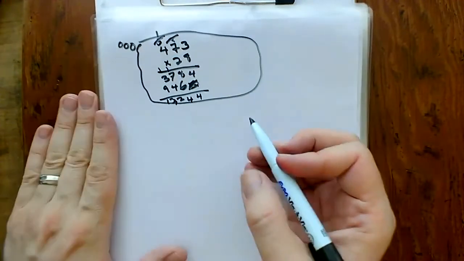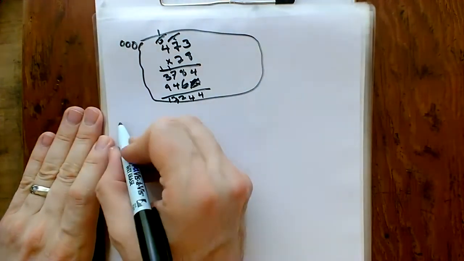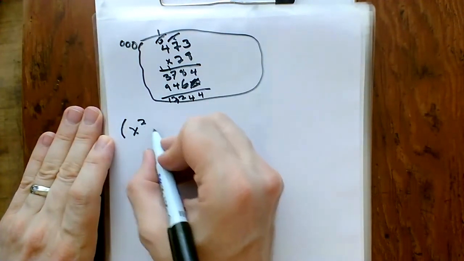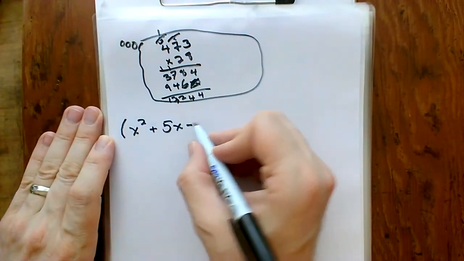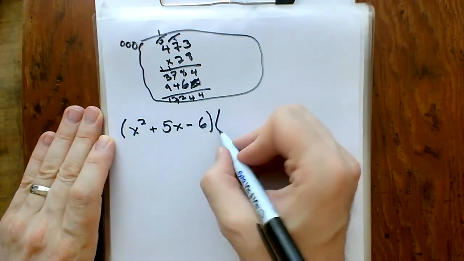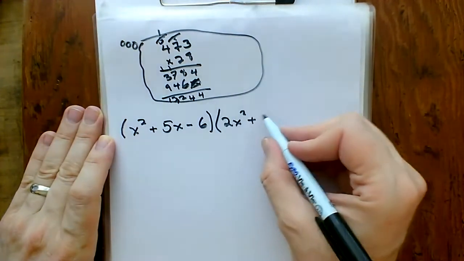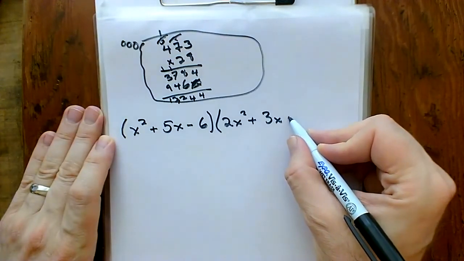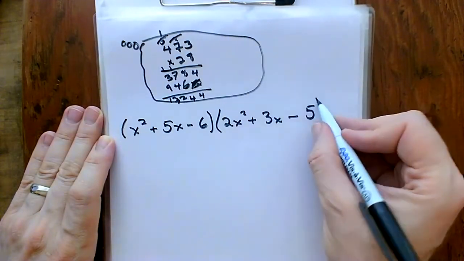So if I've got two trinomials times each other, let's do this. Say I've got x squared plus 5x minus 6, and I'm going to multiply this by 2x squared plus 3x minus 5.